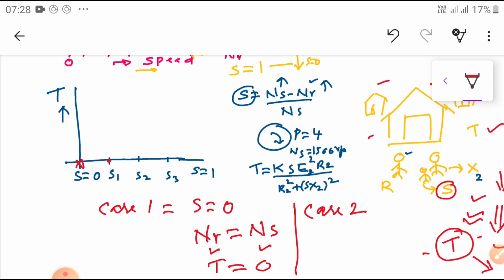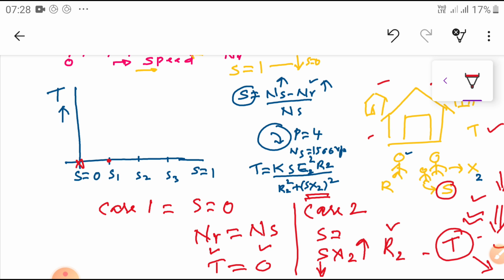Then S into X2, the S value is some significant value, then the S X2 value is very low, and even then we neglect it in comparison with your father, R2. R2 is very high. Here S X2, S is small, so the product of S X2 is very low compared to R2. In this condition we neglect the S X2 value.